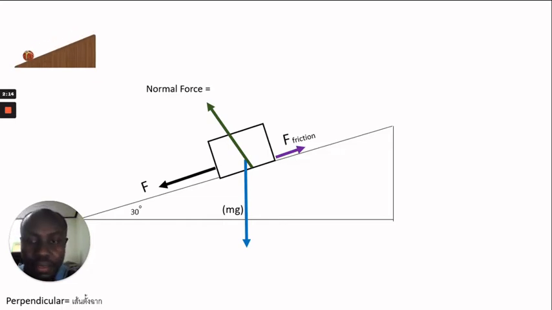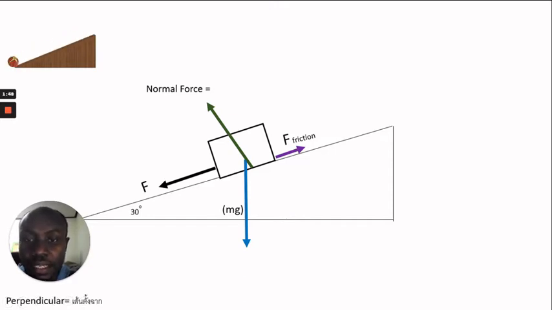Now, what is the normal force? On the flat surface, we said the normal force is equal to mg, but this is not a flat surface. If we could get a force which is opposite to the normal force, we could say that it is equal to the normal force.